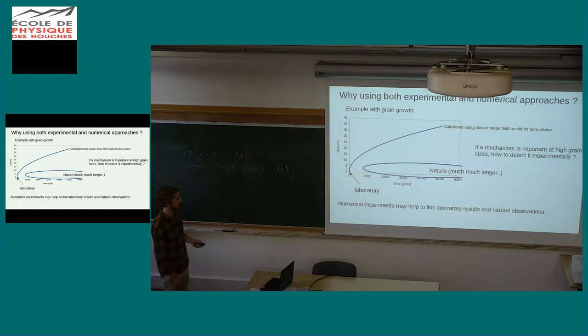Here, there is a lack within laboratory experiments, because if a mechanism takes place and is important, I don't know, near 5 millimeter of grain size, we can't detect it within laboratory experiments, because if you want to observe grain size differences at this grain size, you have to do annealing experiments of 50 years or 100 years, and no experimentalists want to do this kind of experiment.